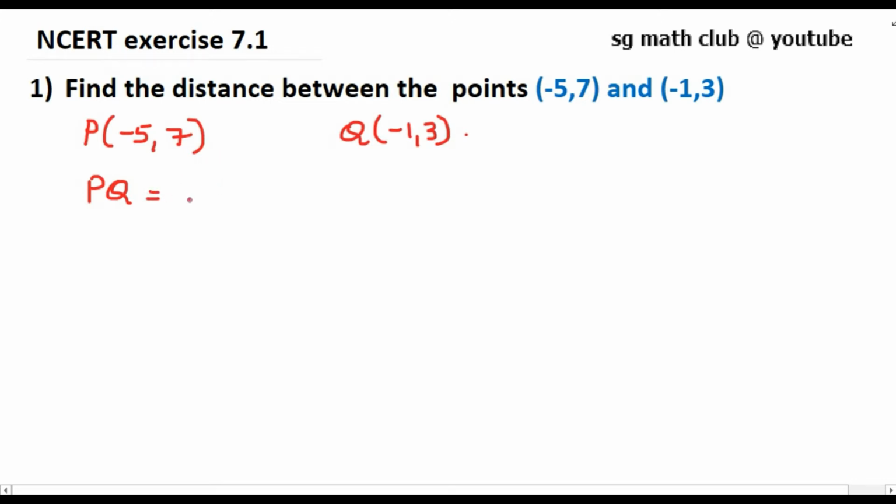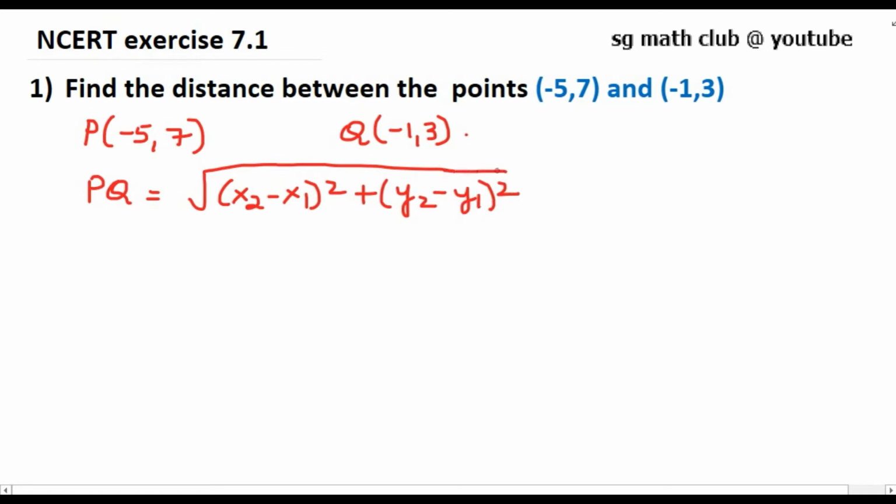So we can use the distance formula, square root of (x2 minus x1) the whole square plus (y2 minus y1) the whole square. We write x1 y1 and x2 y2 separately so that we will not make a mistake: x1 is -5, y1 is 7, x2 is -1 and y2 is 3.